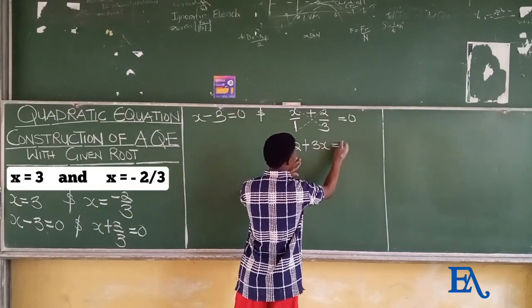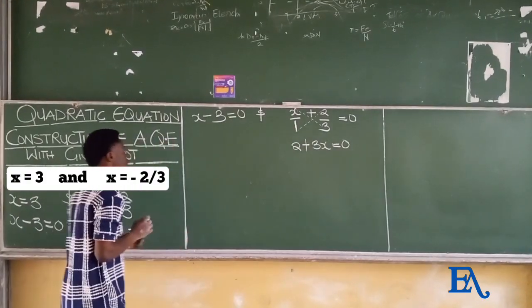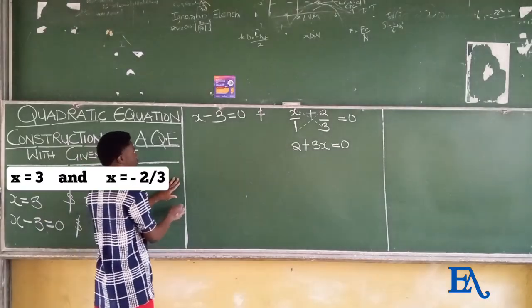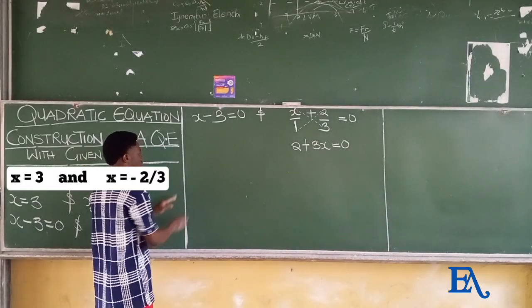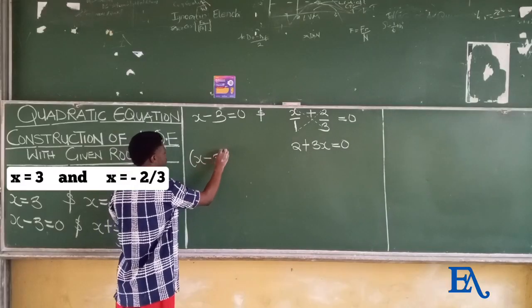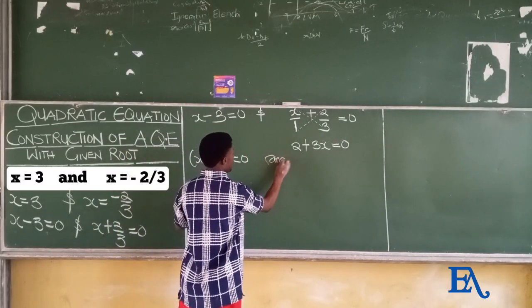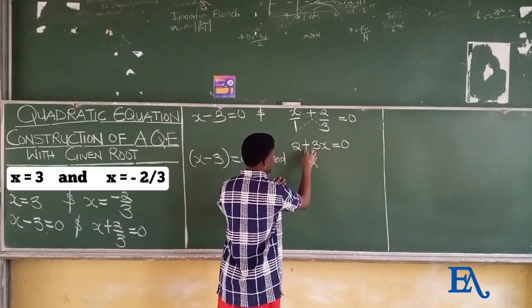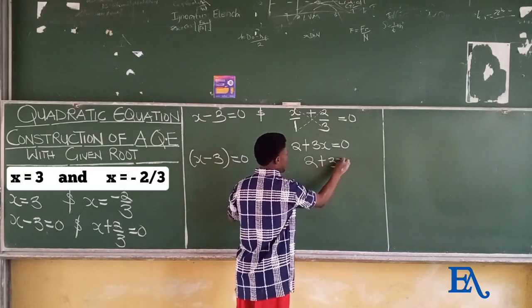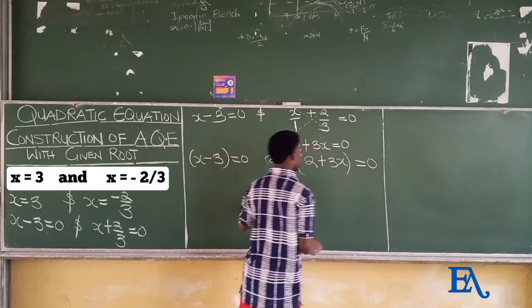This is equal to 0. So this and this are basically the same thing. Therefore, the next step is to enclose both of them in brackets. We have from this x minus 3 in brackets equal to 0, and 2 plus 3x in brackets also equal to 0.